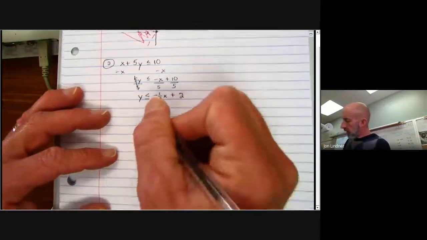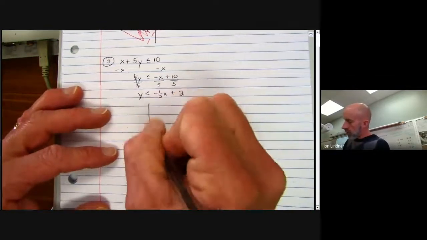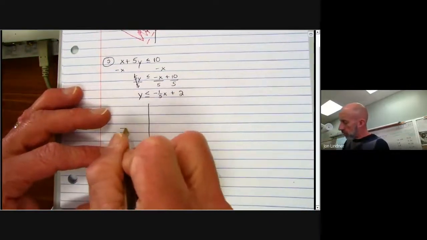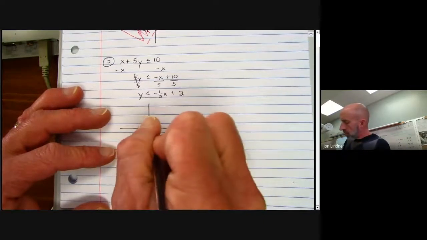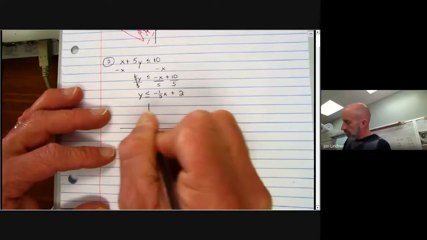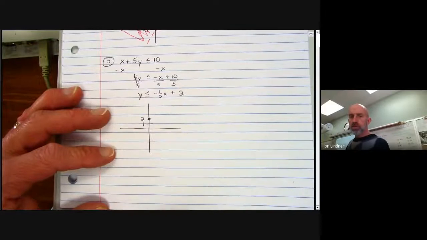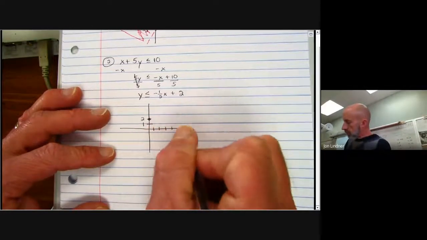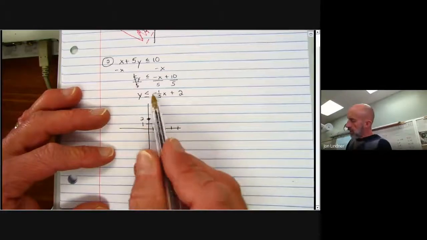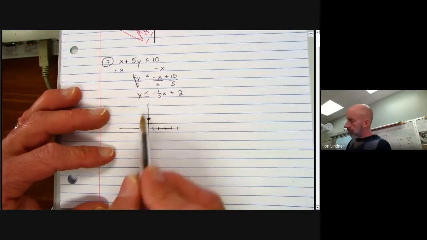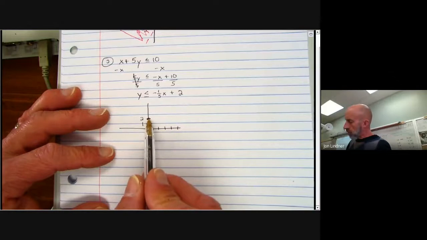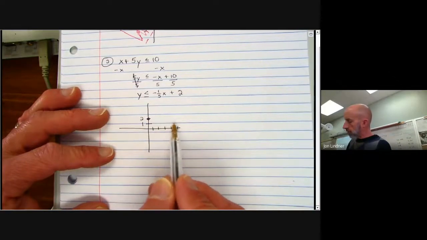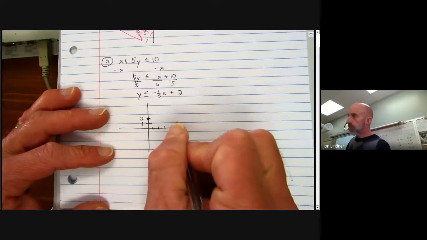We will once again start at the y-intercept, which in this case is positive 2. And the slope is negative 1/5. So from this point, I'm going to go down 1, over 1, 2, 3, 4, 5.